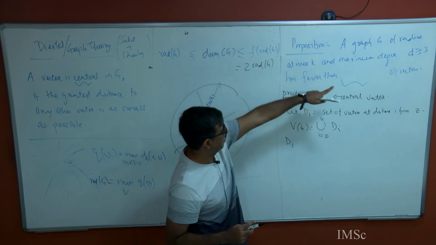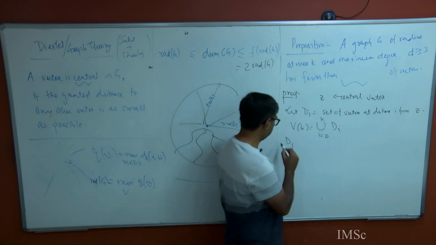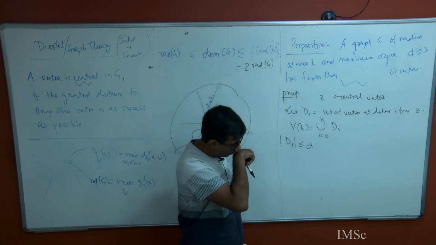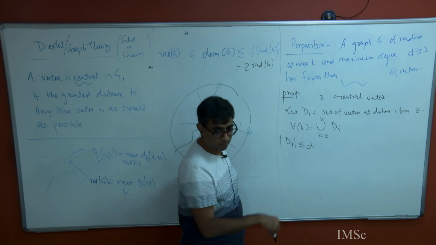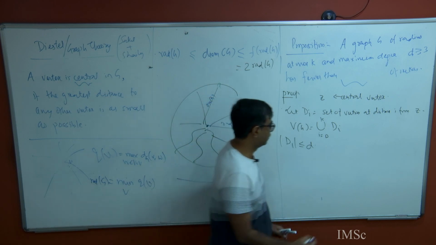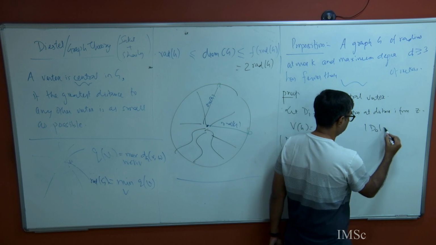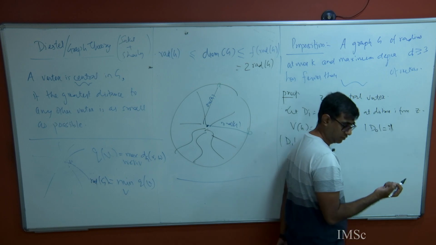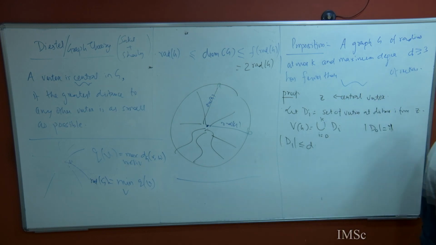Maximum degree, right? d. D_0 is 1, because Z itself is at distance 0. There is no edge.